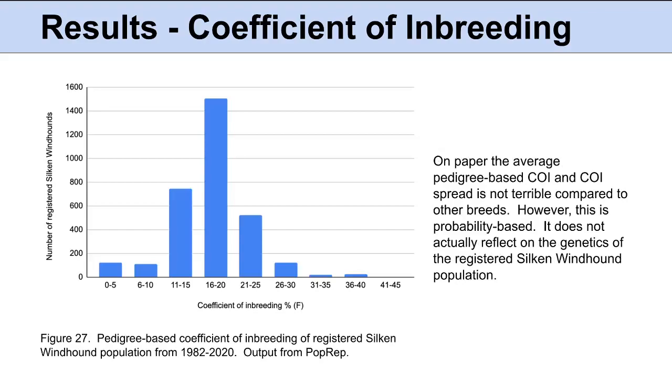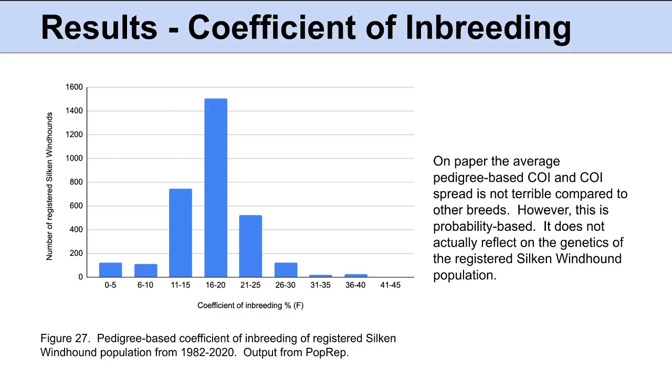So here, what I've done is I've taken data from PopRep, and what PopRep will do is it will look at the coefficient of inbreeding for the entire population of registered Silken Windhounds, and it will break it down by both year and it will stratify the population. So it breaks it down into dogs that have a COI between 0 and 5%, 6 and 10%, 11 and 15%, 16 and 20%, 21 and 25%, 26 and 30%, 31 and 35%, 36 and 40%, and 41 to 45%.